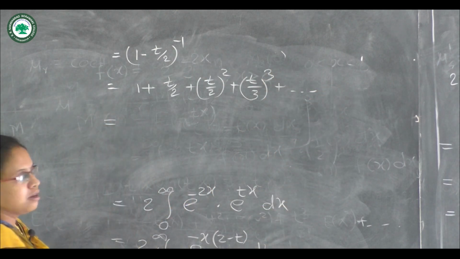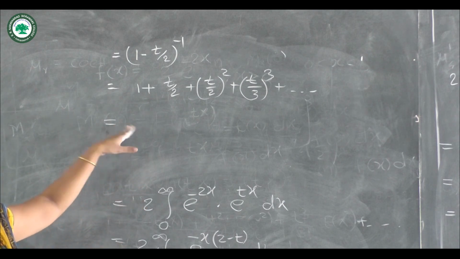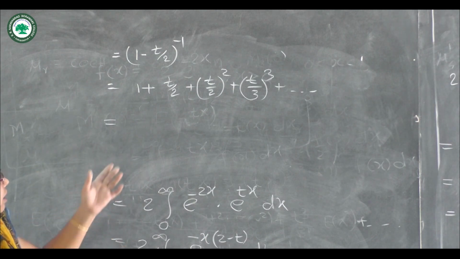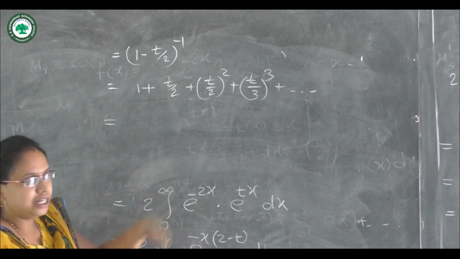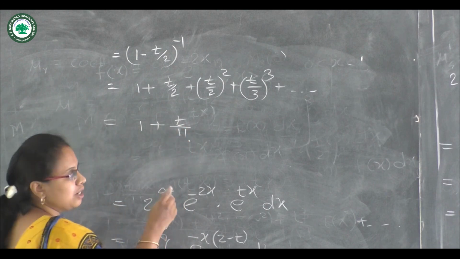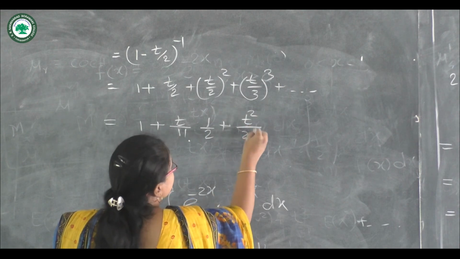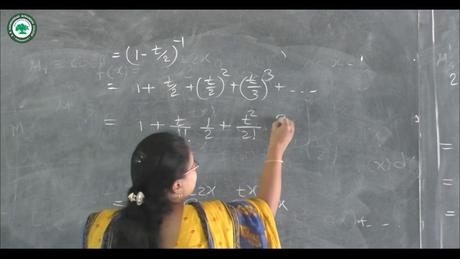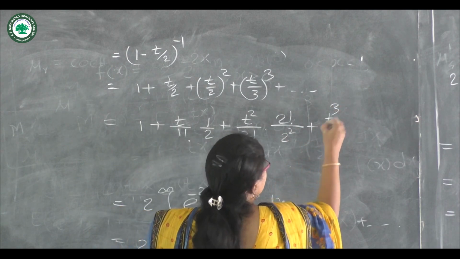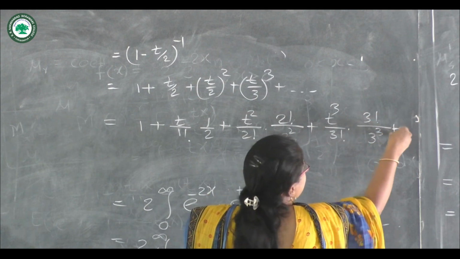For comparison, I know how to find the moments: it is the coefficient of t raised to r upon r factorial. But here there is no factorial term, so let's introduce it. So 1 plus t upon 1 factorial, plus t squared upon 2 factorial, with 2 factorial written here, plus t cubed upon 3 factorial into 3 factorial upon 2 cubed, and so on.